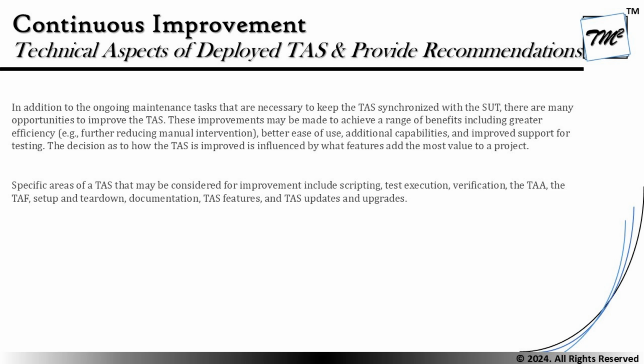The decision as to how the TAS is improved is influenced completely by what features add the most value to the project. However, to a certain extent, this segment would sound like we are talking about maintenance itself, because in maintenance also, we do talk about things to be updated, improving the usability, and talking about those features which can do better from the current solution.